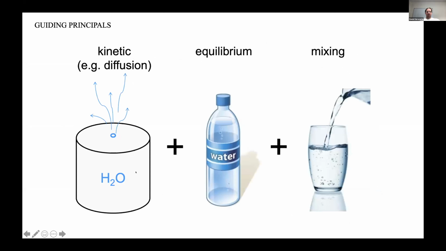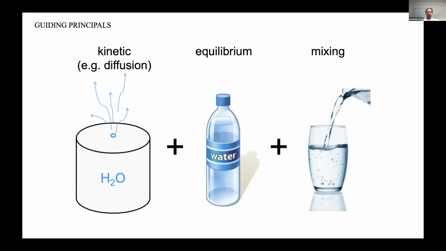But kinetic isotope effects are actually not just diffusion or breaking of chemical bonds. And this is one point I want to make in my presentation: kinetic effects can be quite complicated.